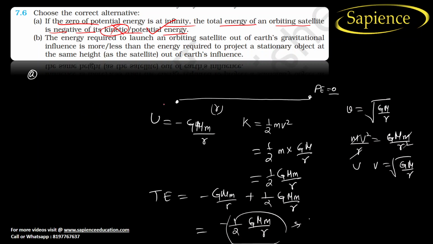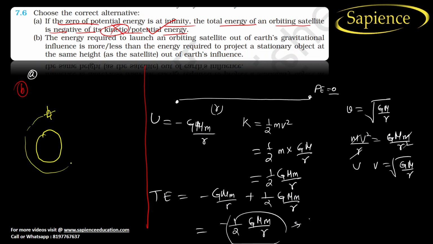Now another question, that is the B part. They are asking whether the energy required to launch an orbiting satellite out of the Earth's gravitational influence is more or less than the energy required to project a stationary object at the same height. See here. Let us consider this is the Earth and there is an orbiting satellite.